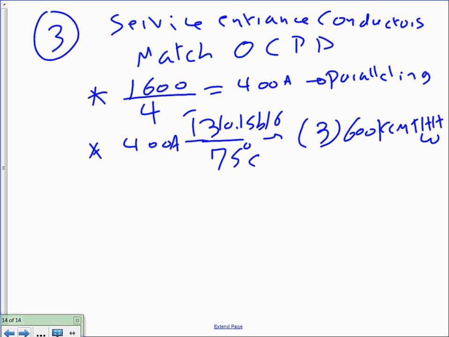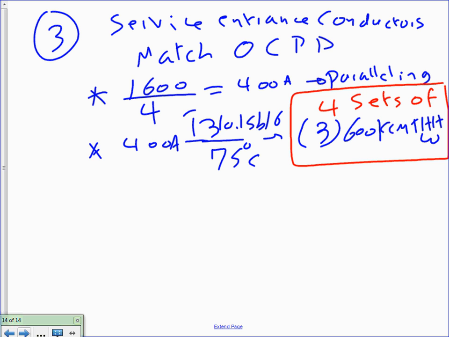And right at the top of it, you're going to see four sets of three conductors. That's your answer. Four sets of three conductors. Each one of them is 600 kcmil THW.